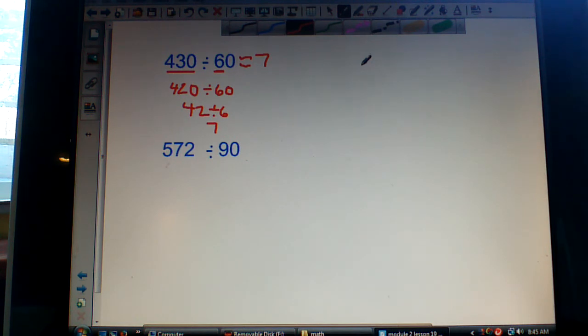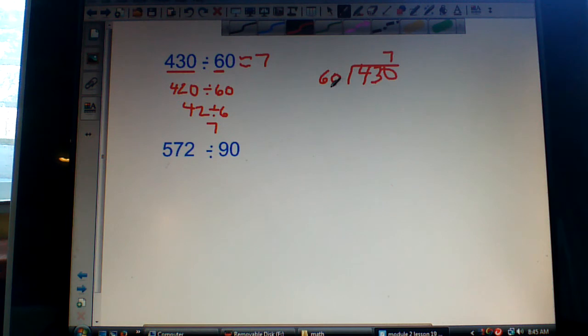Let's figure it out, okay? So 430 divided by 60. So we know it's going to be about 7. Does everyone agree with that? Because we did an estimate. So we would put our 7 over here because we're dividing by 430. We did not divide by 10 at this point.